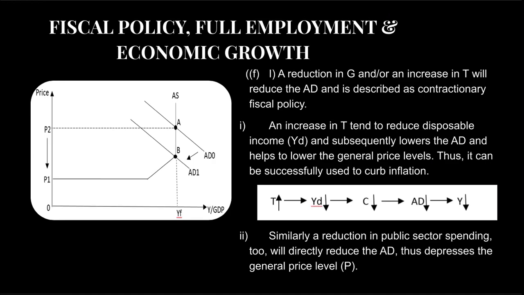This will reduce the AD. As the consumption drops, AD drops. You can see therefore the AD curve from AD0 will shift to AD1, and will cause the general price level to drop from P2 to lower, which reduces the inflationary pressure in the economy.